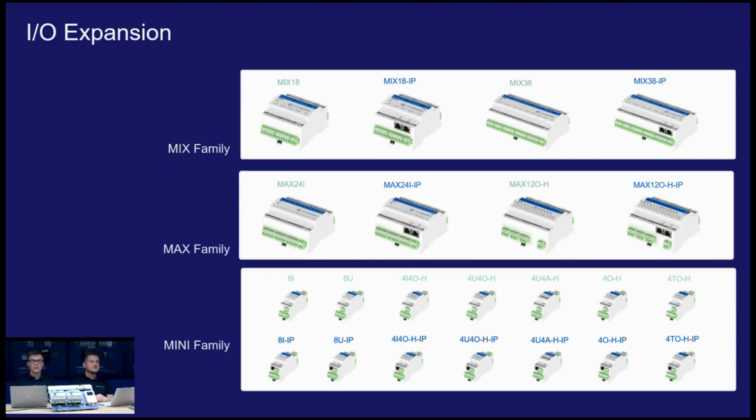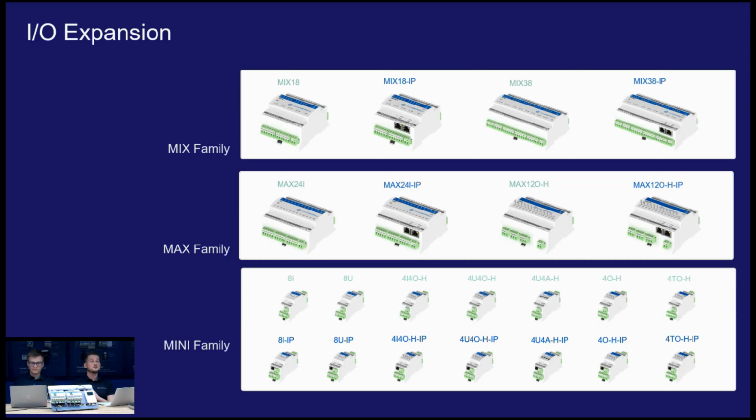I think another great feature that we have, while having the RS485 port and the IP ports, is that we can easily expand the number of inputs and outputs with our range of I/O modules. We have 3 families: the Mini family, where the input and output range starts from just 4 inputs and outputs, both in RS485 and IP versions.